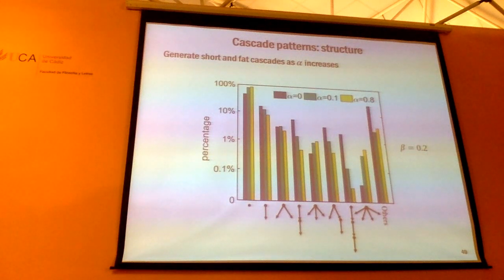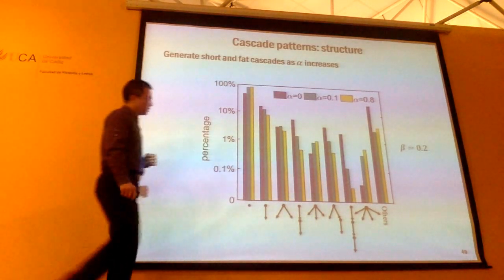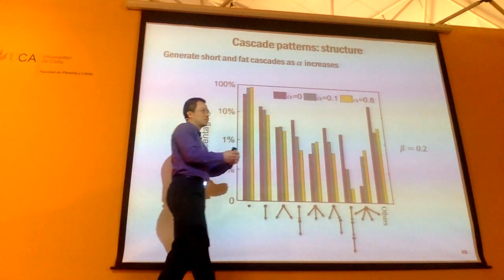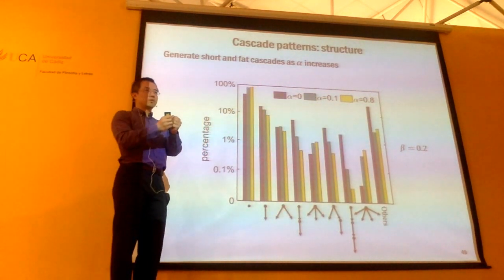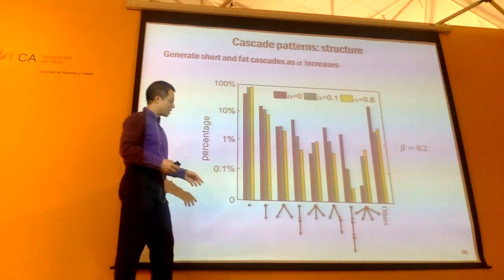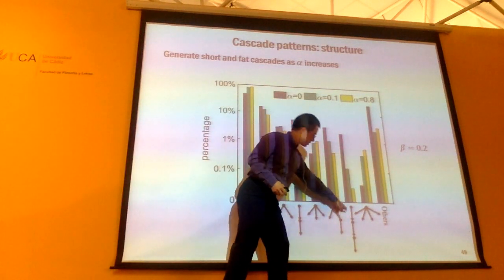You can also look at the pattern of cascades. You will find that information tends to spread like this. Okay. So you have an information source, and it's going to propagate just to nearest neighbors. Okay. It's less likely to see a cascade which is very long. Okay. Like this.